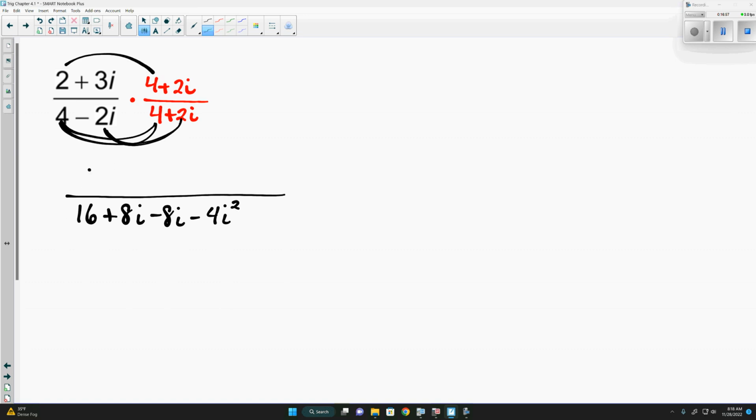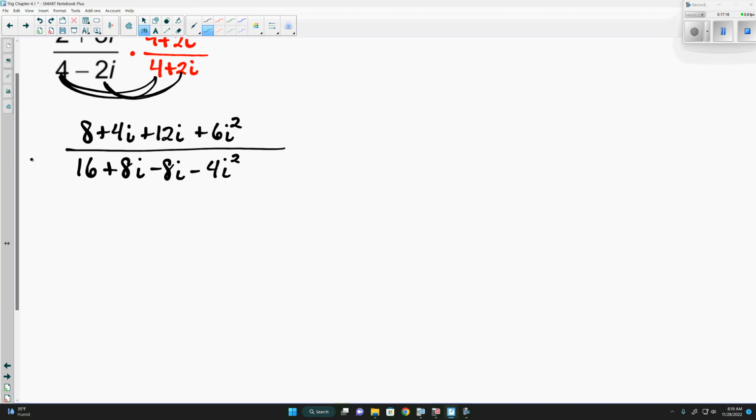We'll do 2 times 4, which is 8. 2 times 2i is going to be plus 4i. 3i times 4 is going to be plus 12i. And 3i times 2i is going to be plus 6i squared. Any questions on this so far? Any questions on any of the steps we've done?